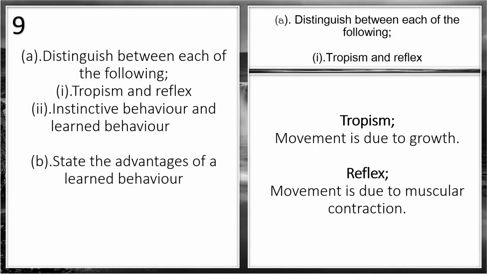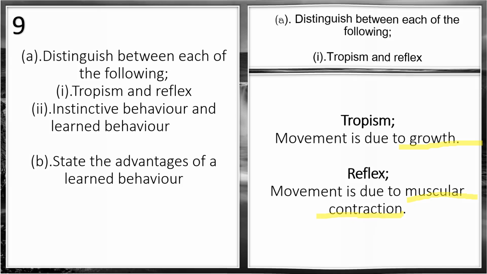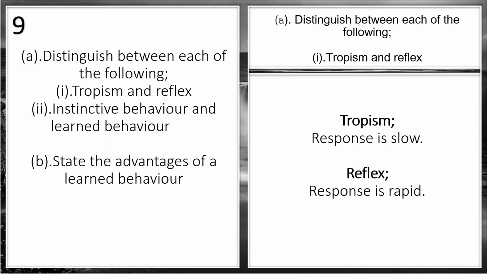Tropism, movement is due to growth. Reflex, movement is due to muscular contraction. Tropism, response is slow. Reflex, response is rapid.